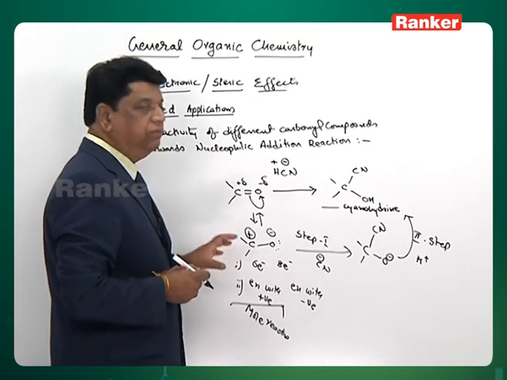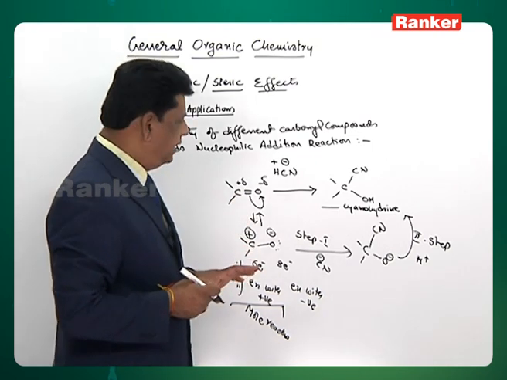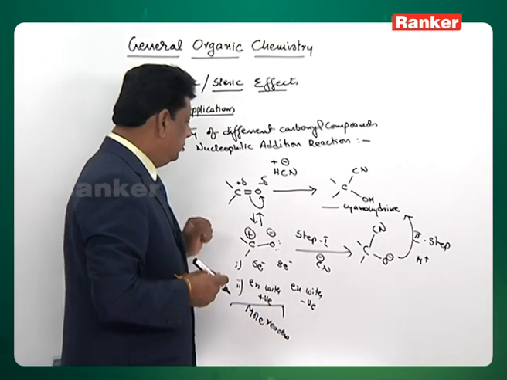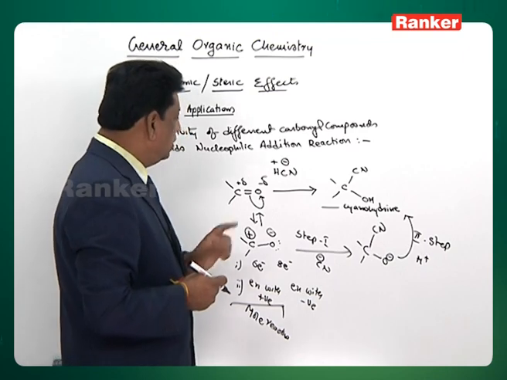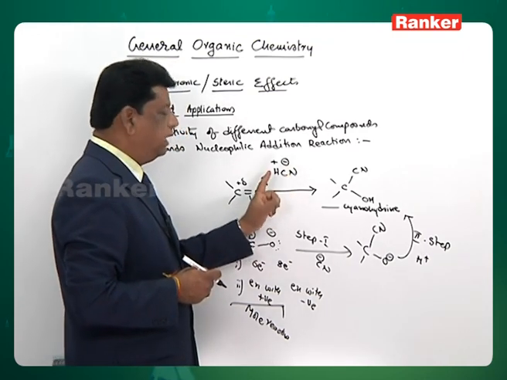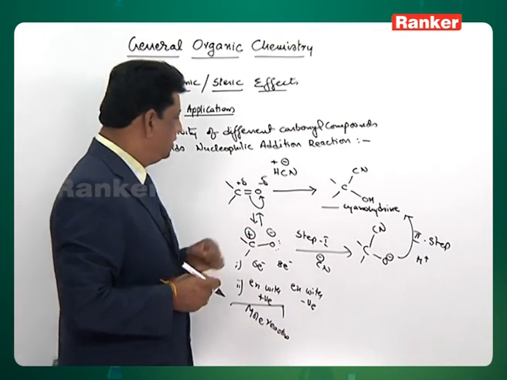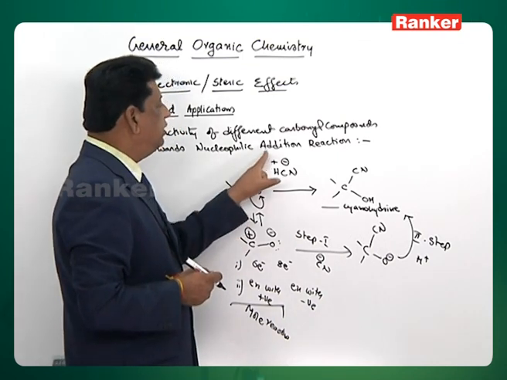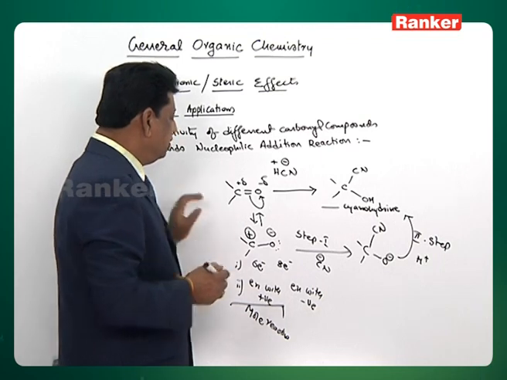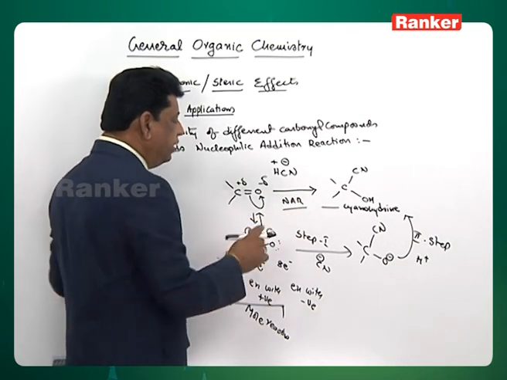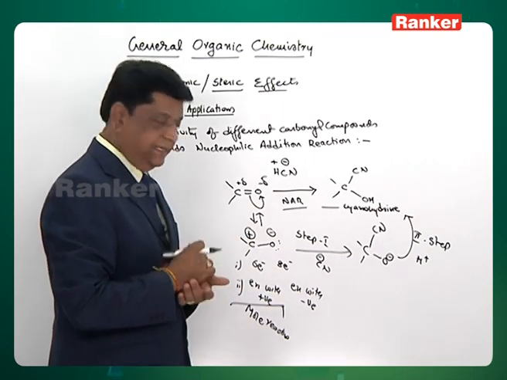This reaction is one of the simplest and most characteristic reactions of the carbonyl compounds, in which, though we add an electrophile and nucleophile together, first the nucleophile is added. Therefore, it is called a nucleophilic addition reaction. So, the type of reaction is nucleophilic addition reaction.